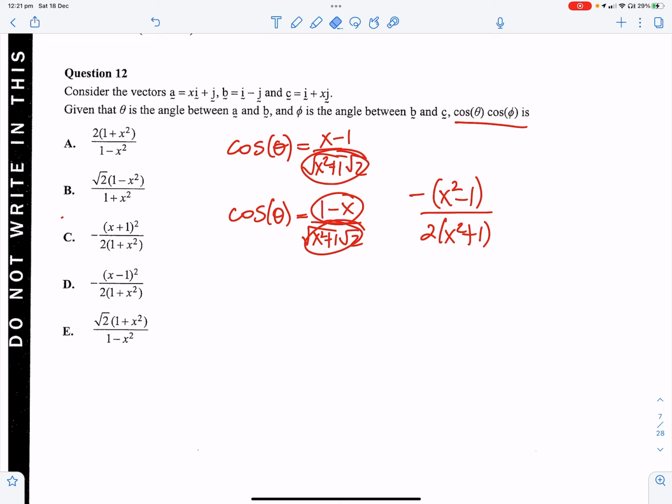It's the same thing. 2 times root 2 is 2. Oh, if I did a difference of 2 squares, but here if I take out a negative, I get negative x minus 1. So it's negative x minus 1 squared. So it's D.